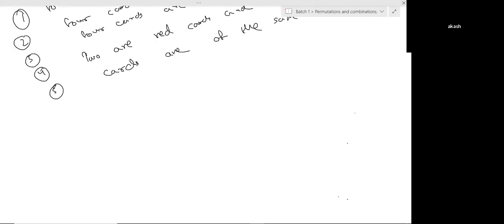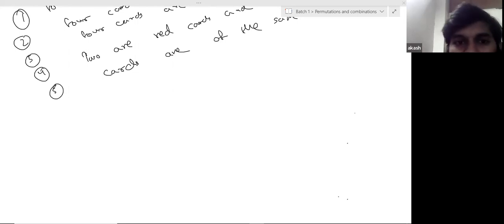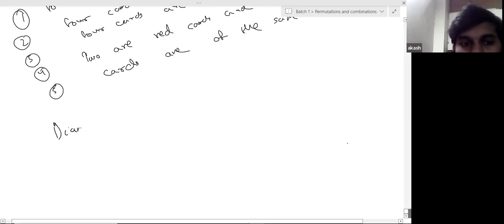See, let me explain to all of you. A pack of cards has 52 cards, excluding Joker, and it has 4 suits: diamonds, clubs, hearts, and spades. These are suits. Diamond looks like this, clubs is this one, hearts and spades.